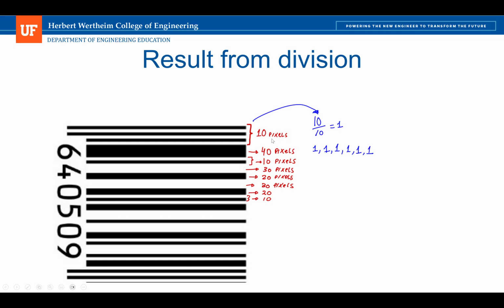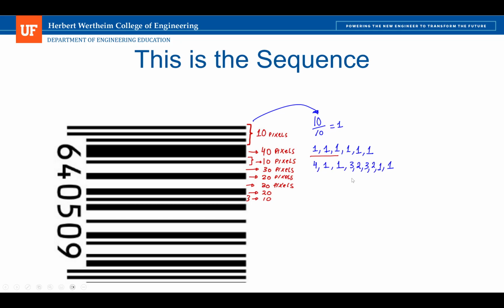The next 5 widths, everything is 10 divided by 10, so it will be 1, 1, 1, 1, 6, 1. Remember that we're going to skip the first 3, and then if we keep dividing, we keep getting numbers. We're going to have then something like this: 1, 1, 1, and then the 40 pixels, that will be a 4. Then 10 pixels, that will be 1, 1, and then we get 3, 2, 3, 2, 1 respectively.